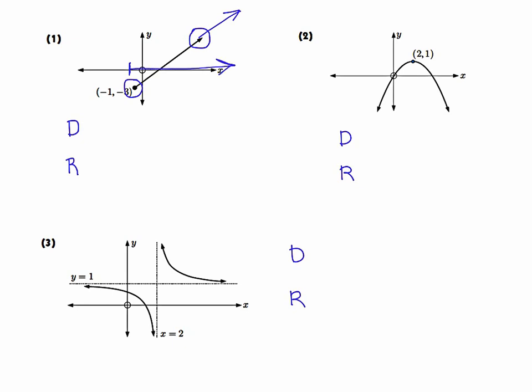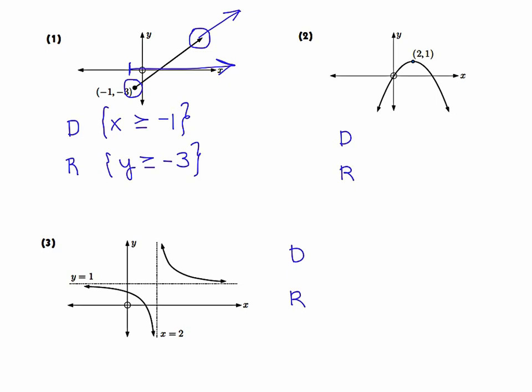So we can say x has to be greater than or equal to -1 for domain. And for the range, we can say -3 and up. So y is greater than or equal to -3.